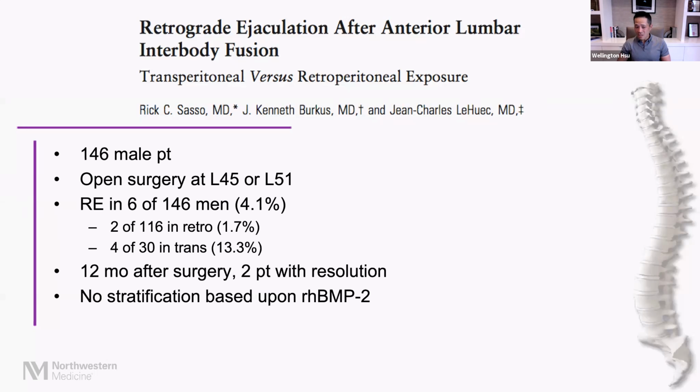So I do tell patients 4%. I don't think I've ever had an individual with this complication, or if I have, they haven't said it. So that's why I'm always saying that we're not really sure what the incidence is, because it may not be reported by the men who have the complication.